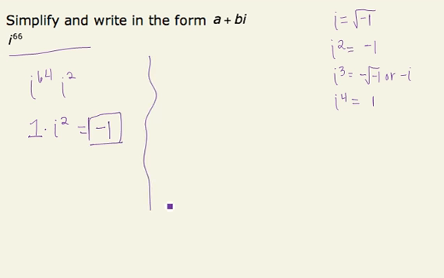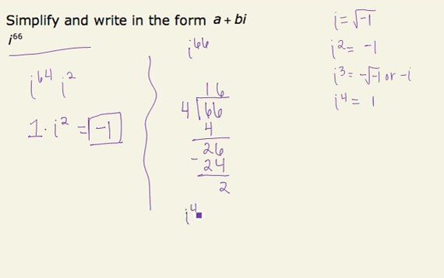But let's solve this a second way. If I have i to the 66th, I know that I want 66 in a power of 4. So if I do long division here, I see that 66 could be written as i to the fourth to the 16th times i squared, which is my remainder.